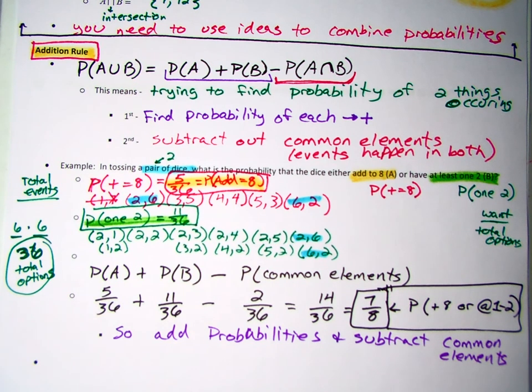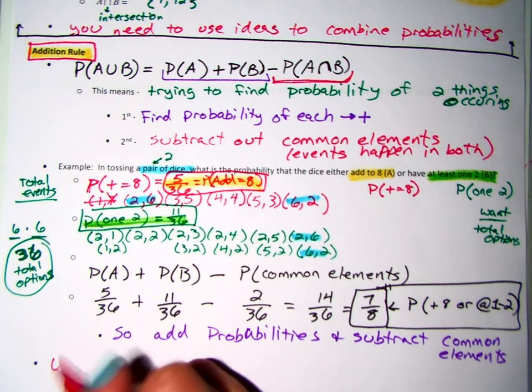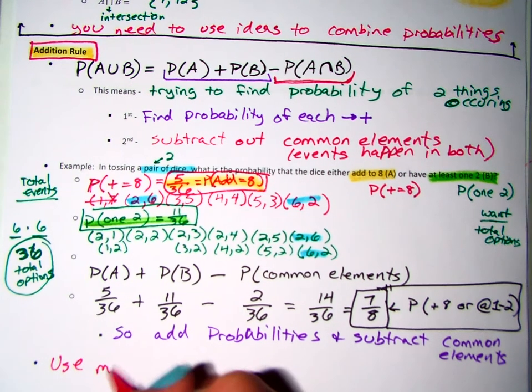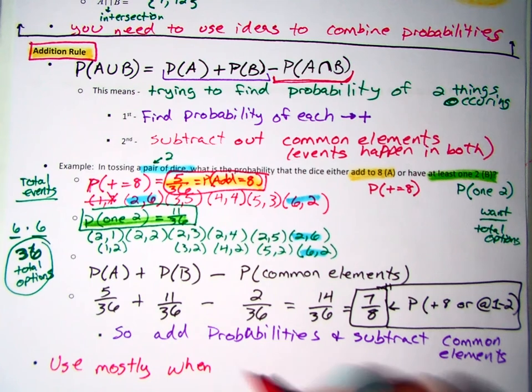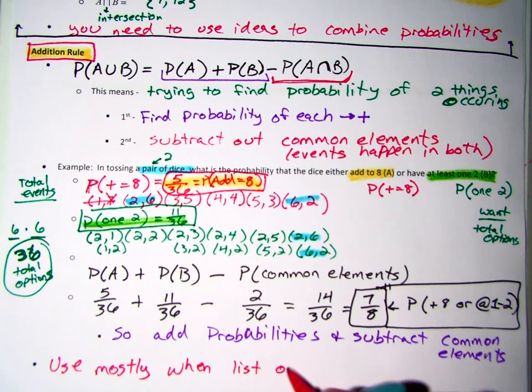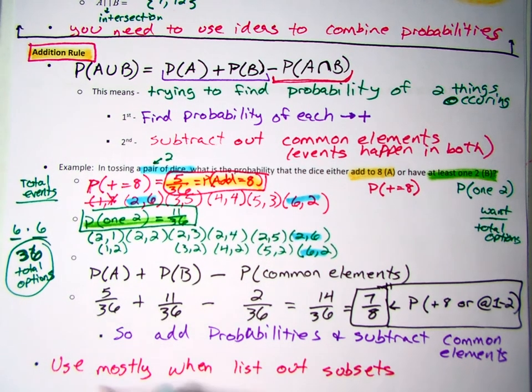Add the probabilities and subtract out the common elements. This is mostly used when you can't list out subsets, or if two probabilities need it.